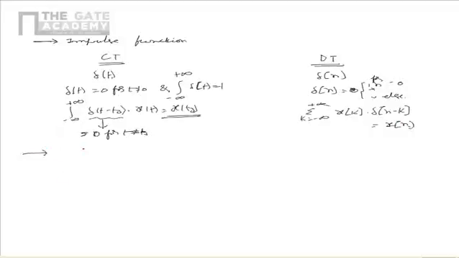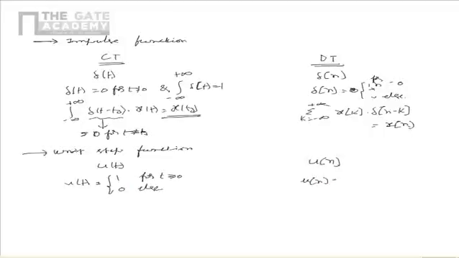Now another elementary signal that we would be looking into is the unit step function. For continuous time case, the unit step function is denoted as u of t. For discrete time case, the same is denoted as u of n. U of t is equal to 1 for t greater than or equal to 0. It's 0 otherwise.